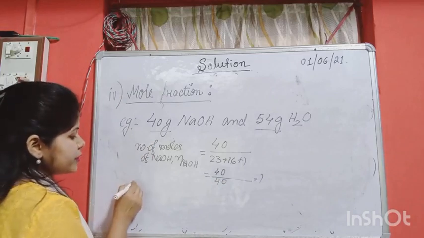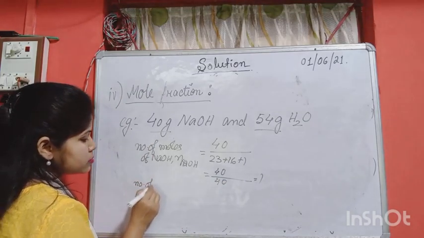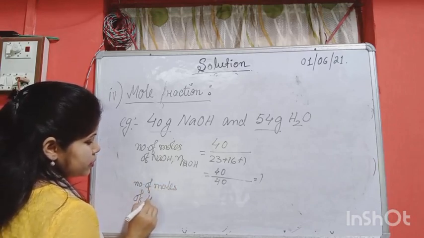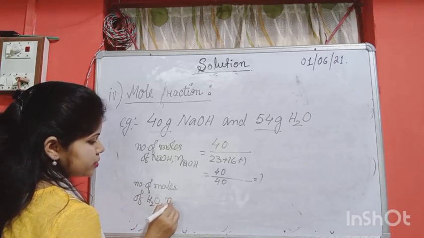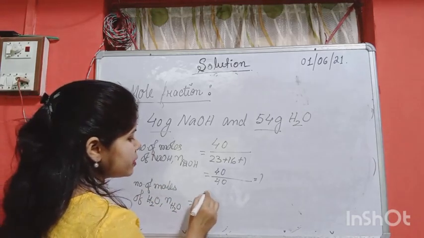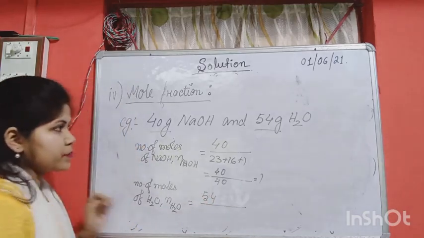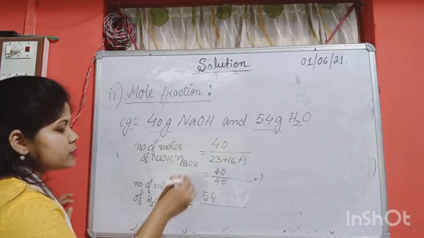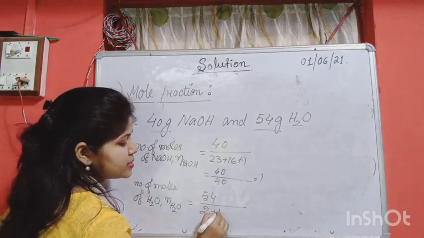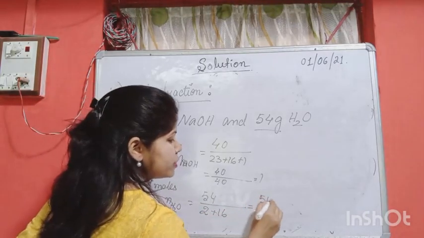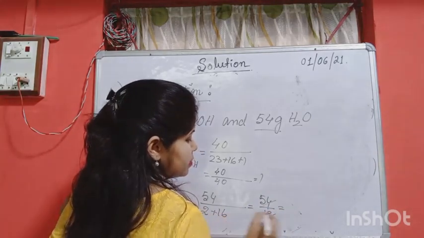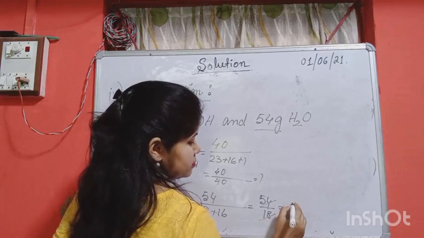Next I have to find out the number of moles of water. So that is N of H2O. So given mass is how much? 54 divided by the molecular mass of water. So the molecular mass of water will be 2 into 1, that means 2 only, plus 16, that equals 54 divided by 18, which is 3.